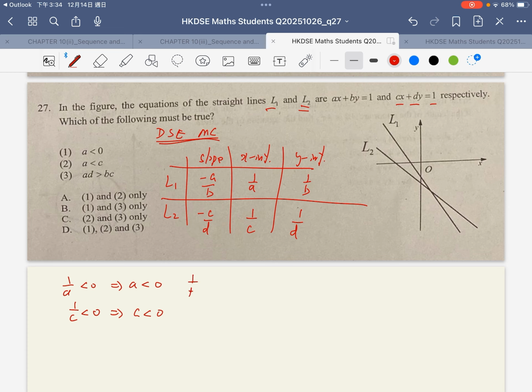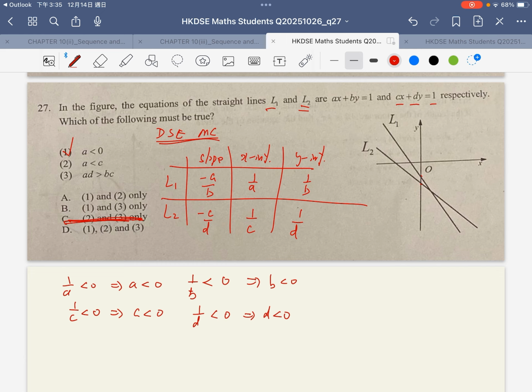And 1 over b, the y-intercept, is negative, because they are located below the x-axis. That is, b is also negative. It is a similar method for 1 over d, the y-intercept for L2, so d is also negative. Therefore, we can see that option 1 is true. Okay, we can ignore this one.